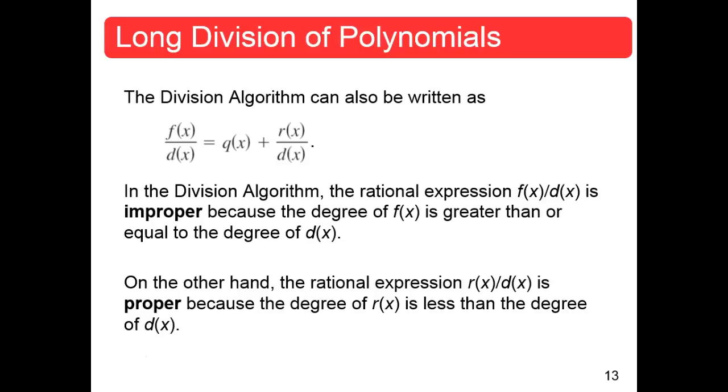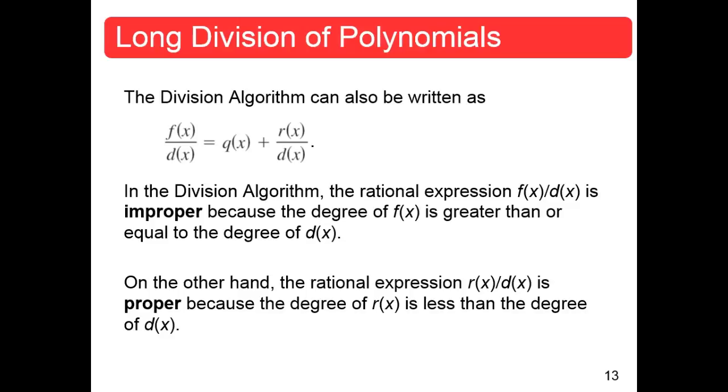Now, for improper fractions, what does that mean? Give me an example of an improper fraction. 11 over 3. The numerator is greater than the denominator. That's improper. You can divide them and get a mixed number. Okay? Well, what we mean with functions being improper is that the degree of the numerator is greater than or even equal to the degree of the denominator. That would make it improper.